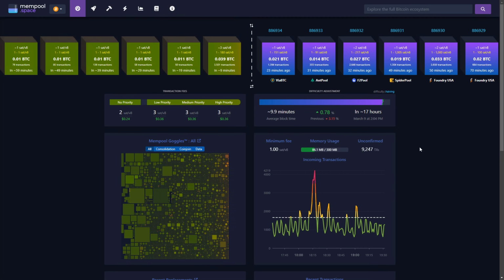But exchanges and things like that, they have very large mempools, meaning that they probably up this number from 300 megabytes to multiple gigabytes. You could even have a mempool that has 16 gigabytes, 32 gigabytes.